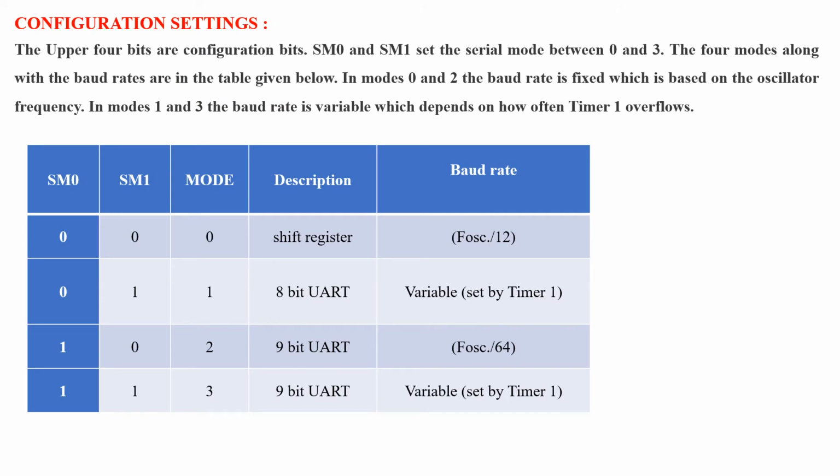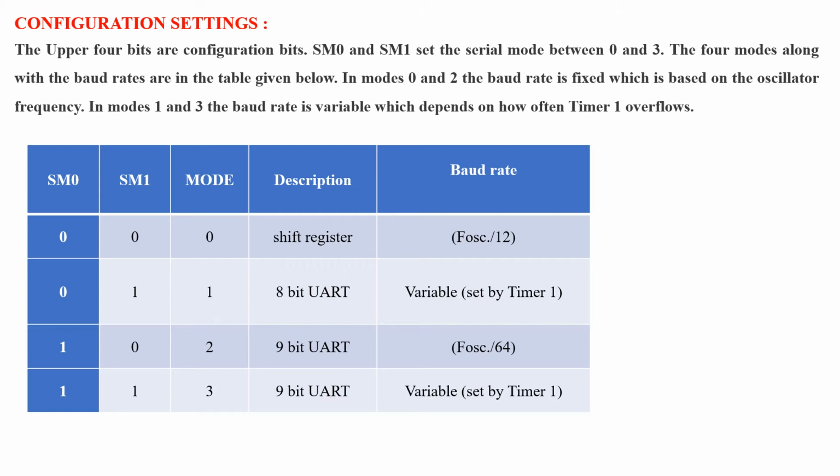Now this diagram shows the configuration setting. The upper 4 bits of SCON register are configuration bits. SM0 and SM1 set the serial mode between 0 and 3.